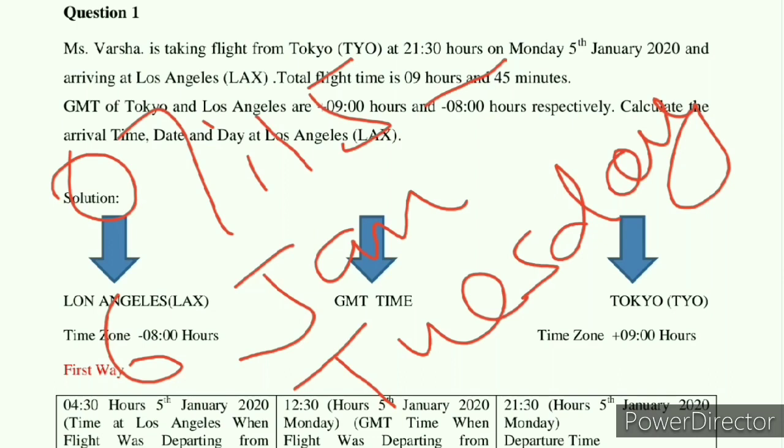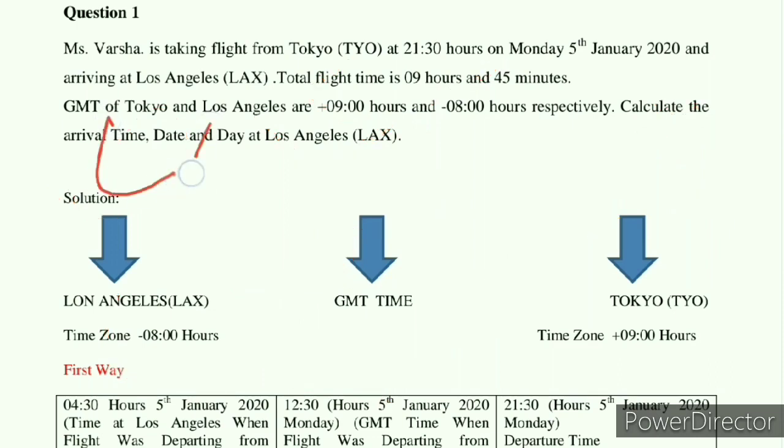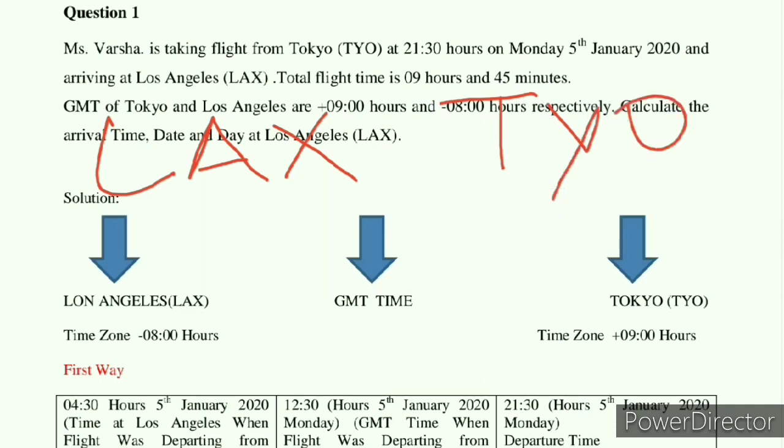But if we see the actual thing that will happen here, it is quite different from her understanding. So now we will try to understand the actual calculation, how we can calculate with the help of the time zone of Tokyo and the time zone of Los Angeles.